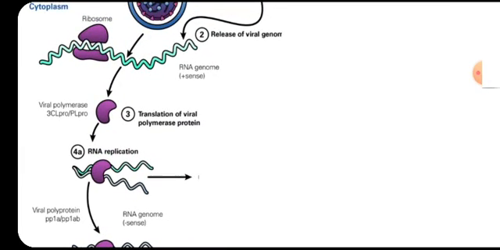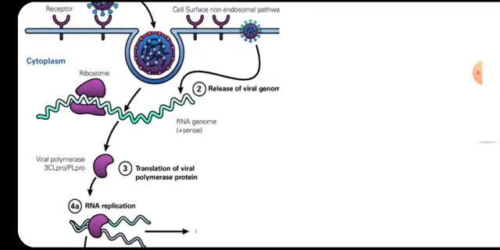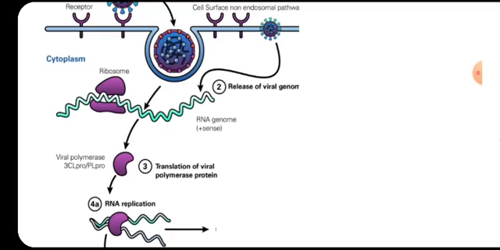Then the third step is translation of viral polymerase protein. So you can see in the upper second step, after the release of the virion, ribosomes bind to that RNA. Then it leads to formation of mRNA. From a part of this RNA, it gets translated.